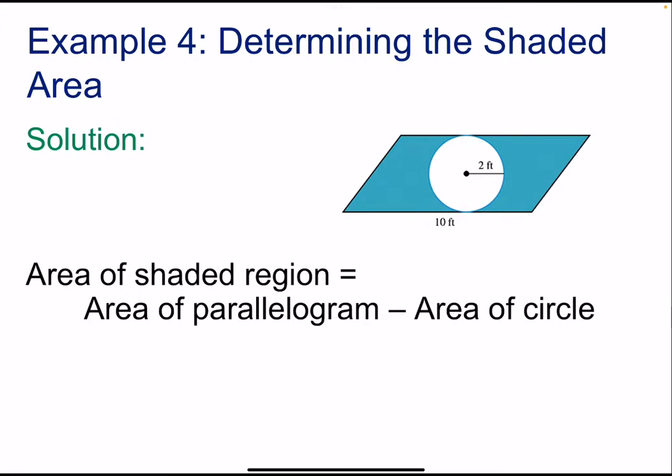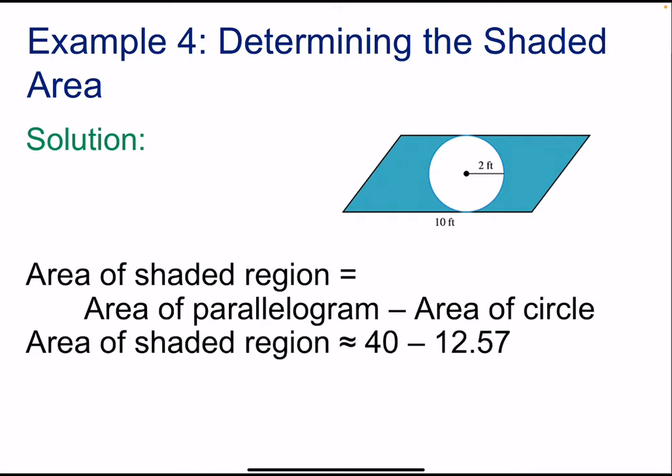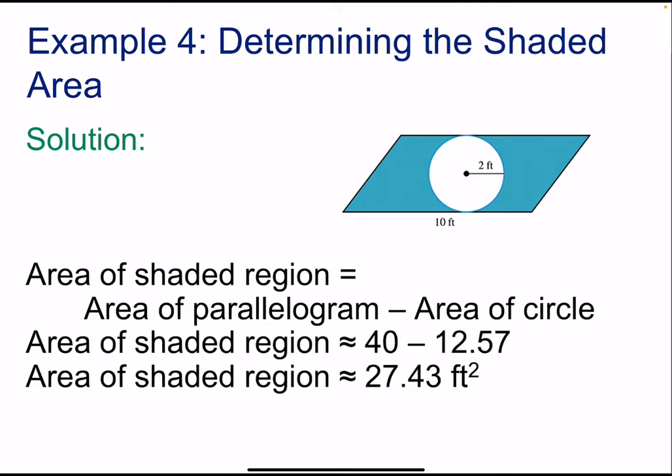And therefore, the area of the shaded region equals the area of the parallelogram minus the area of the circle. With this subtraction, you get about 27.43. So very straightforward. Okay, thank you.